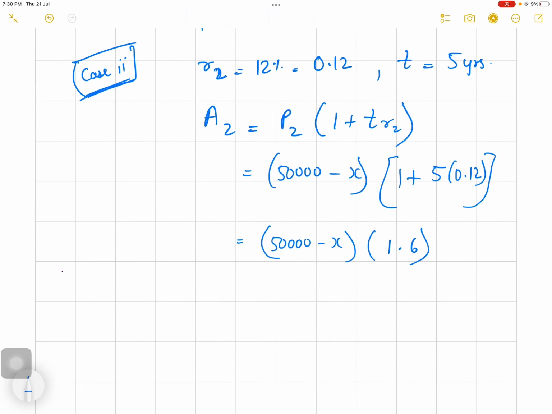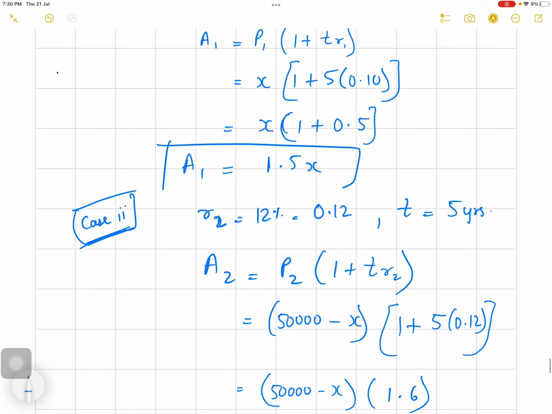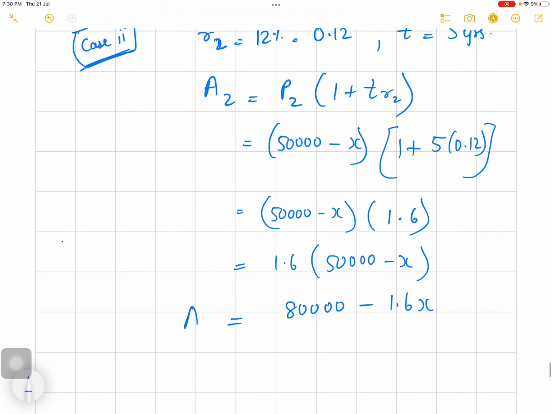Now let's open the bracket. 1.6 into 50,000 comes to 80,000, minus 1.6x. So A1 is equal to 1.5x and A2 is equal to 80,000 minus 1.6x.